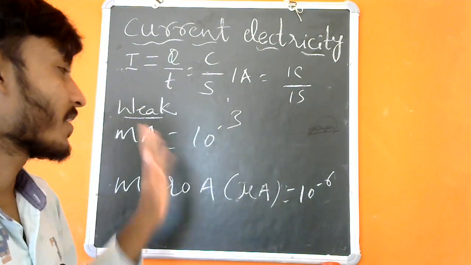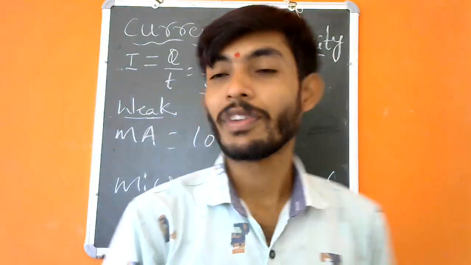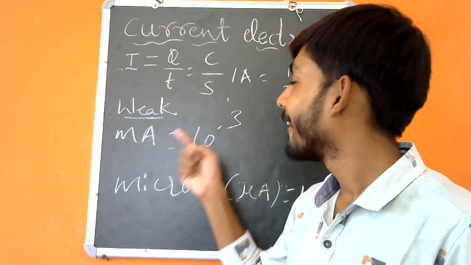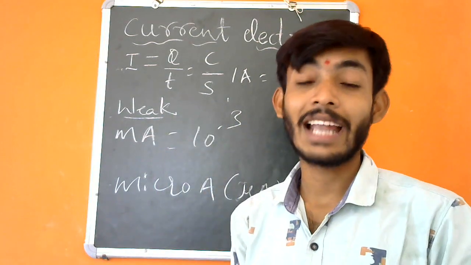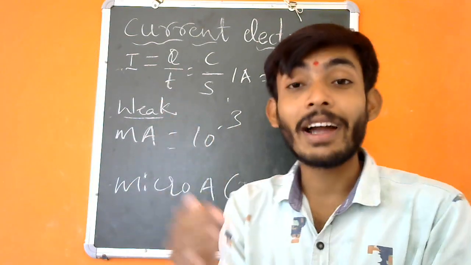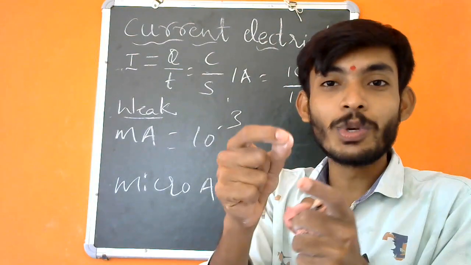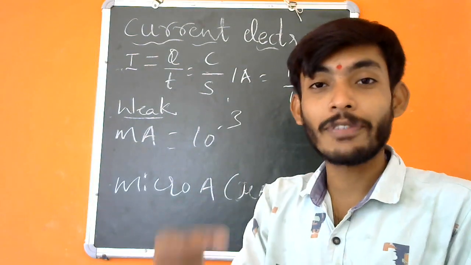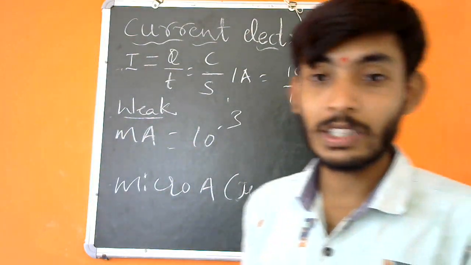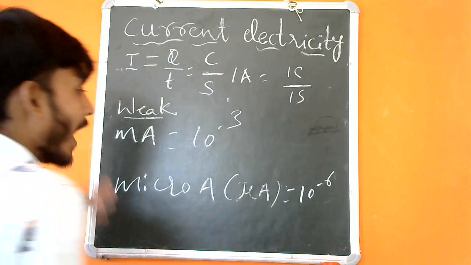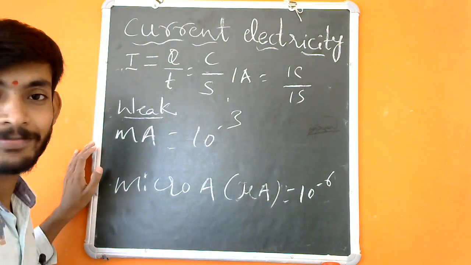Yes, this is what we have: electric current, the SI unit of current, and the charge. Now let's define the charge. What is a charge? We know that charge Q is equal to N into e, the number of electrons times the charge of an electron.